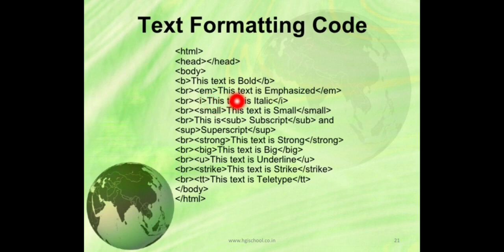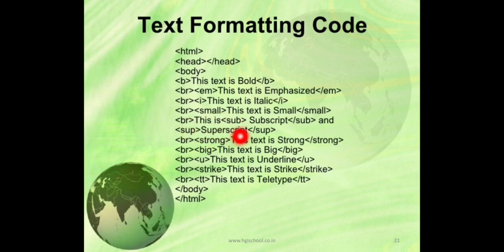Then there is a text inside it. Close EM, then next BR, which means the third line starts. Then italic text, I tag closed, then the fourth line with BR, small text, then again BR.